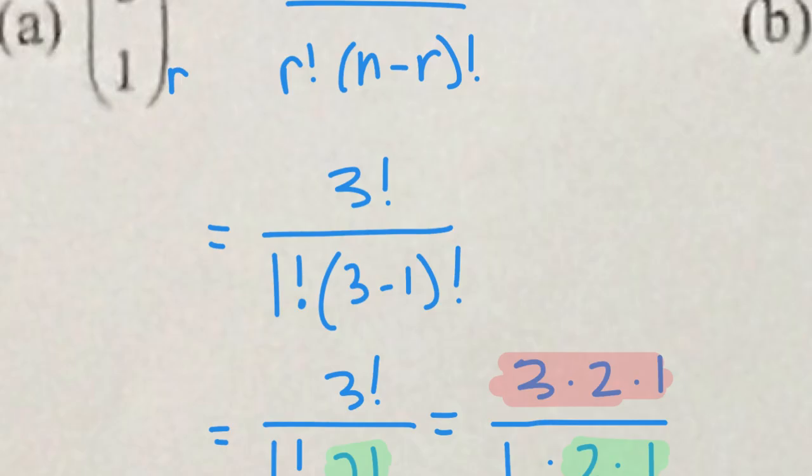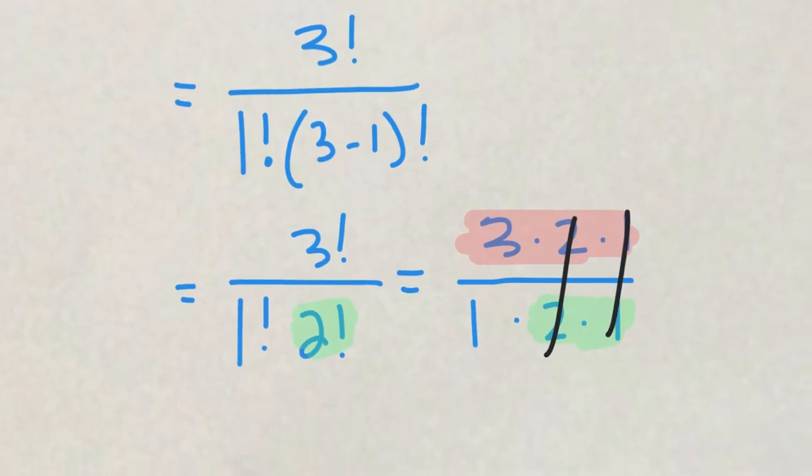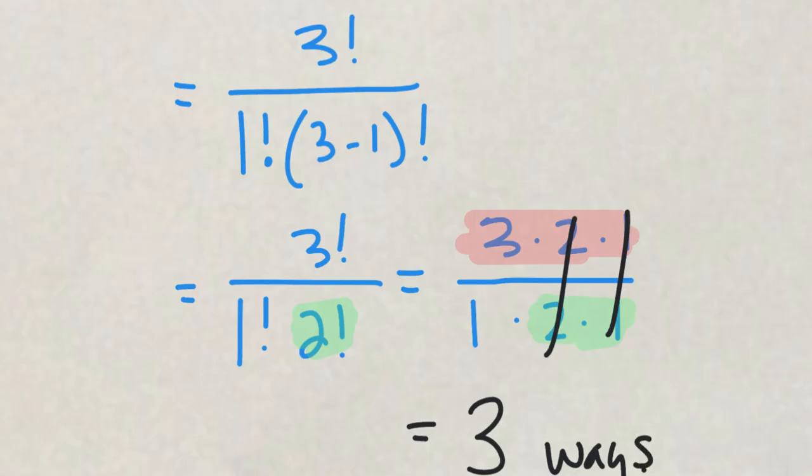So what kind of things can we cancel out top to bottom? The 1 divided by 1, the 2 divided by 2, and our answer is 3. 3 divided by 1 is 3. So there are 3 different ways that out of 3 items, we can choose one of them.